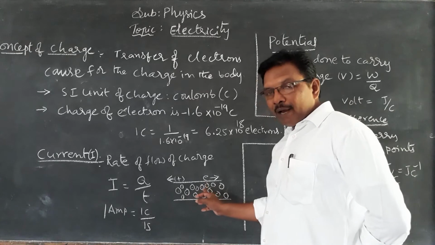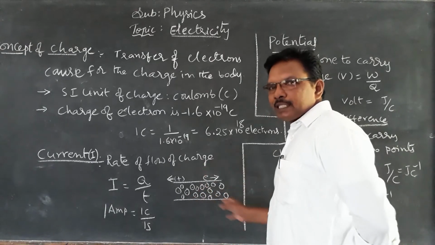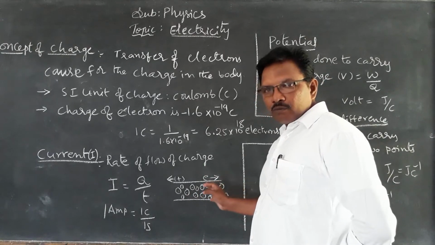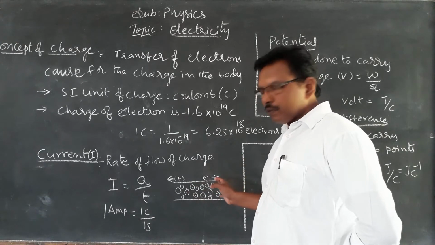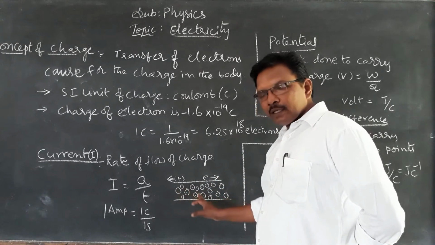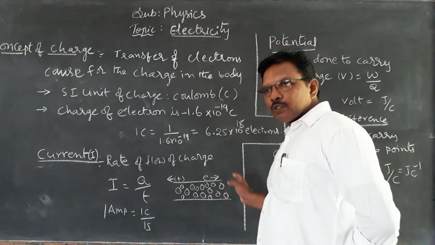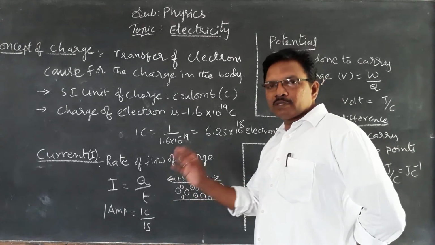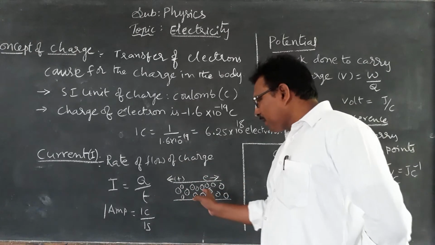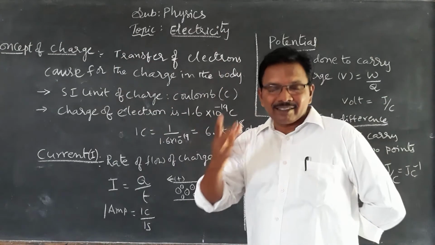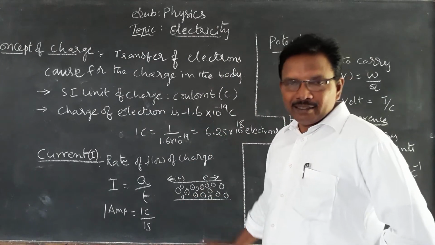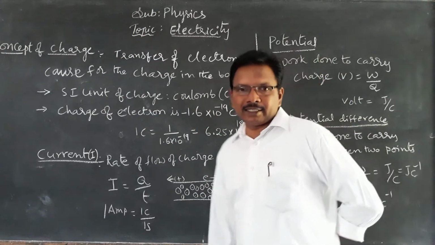Then when electrons are lost from the atoms, those atoms gain positive charge, and the positive charge flows in the other direction. That is what happens inside the conductor.